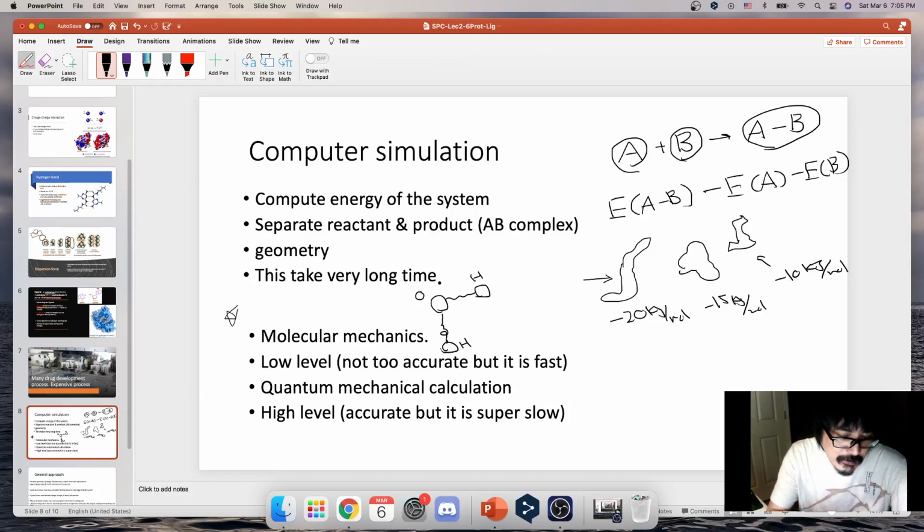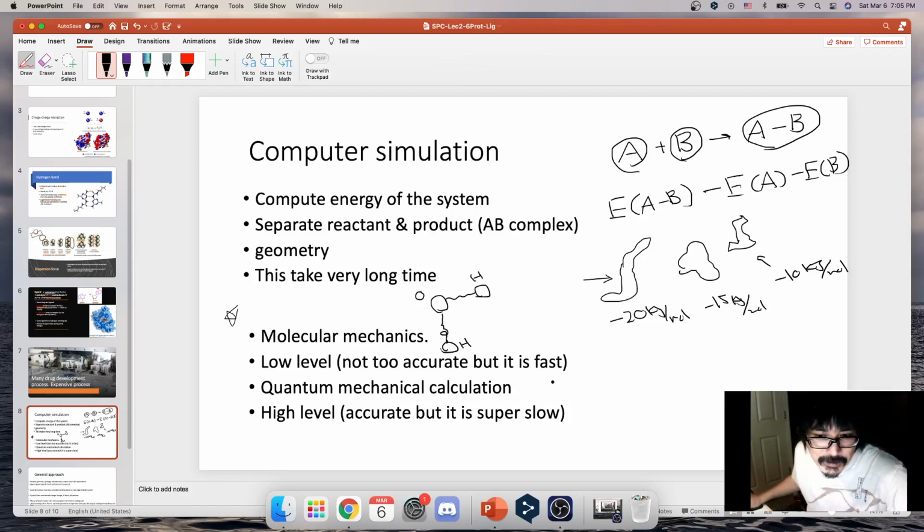Those are high-level calculations, so the outcome is usually more accurate, but it's a super slow process. So you can calculate maybe 100 atoms at the most. But I wouldn't recommend anything more than that, because it might take like 1 month of calculation time.